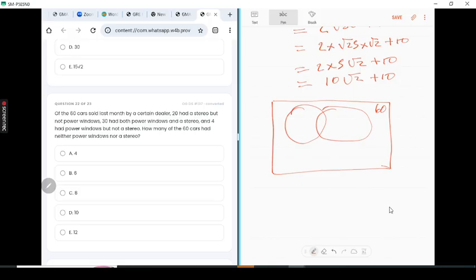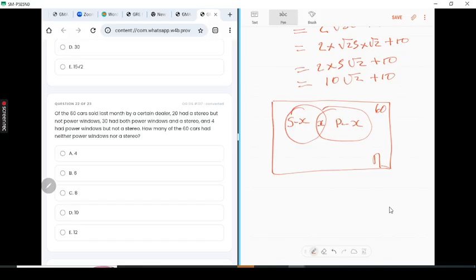Remember, let's say we have S for stereo and P for power window. That means S minus the overlap, and P minus the overlap. This is the place we should have N. When we add everything here together, it's going to give us 60.